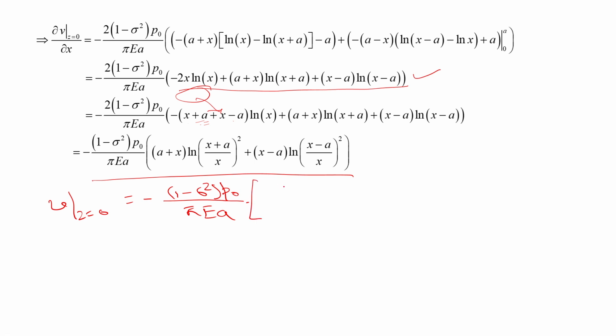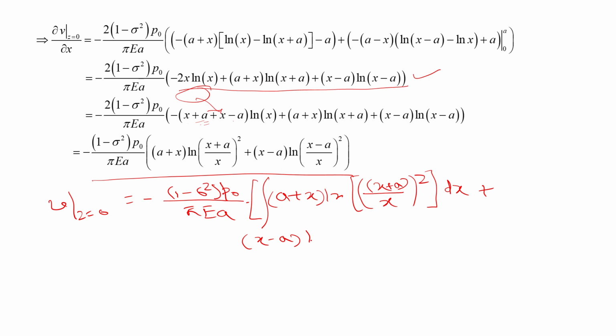So, it will be the integral of a plus x, ln of x plus a by x whole square, dx, plus x minus a, ln of x minus a whole square by x whole square, and here again let us write dx, like that.